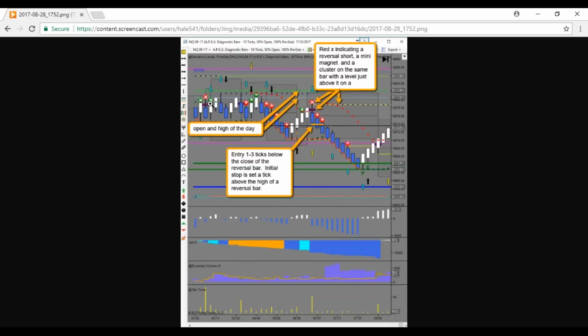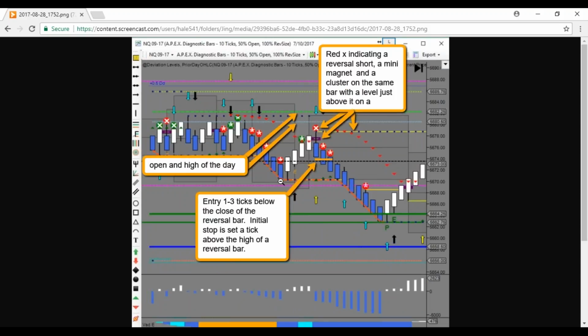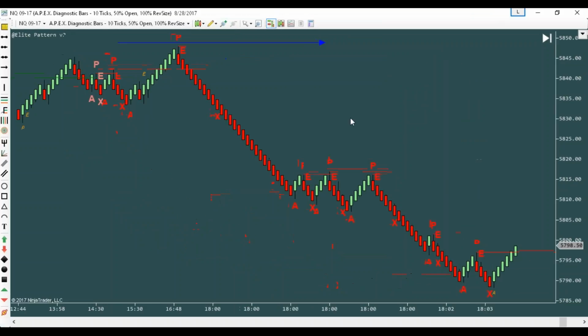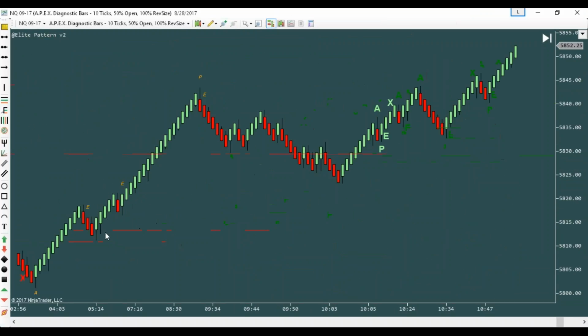So what do we have here? We're coming out of this chop. The market pulls up. What are we in right now? Do you see an E right here, an old E? What do you see down here? A green P and E. The apex pattern right now is actually green. The apex pattern switches, red to green, depending on the market direction. It takes a certain amount of bars and a certain amount of new higher highs and lower lows for it to switch its overall pattern.